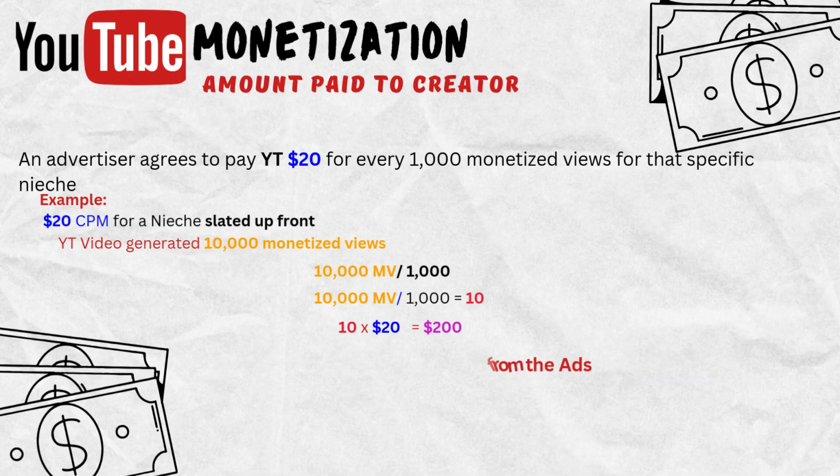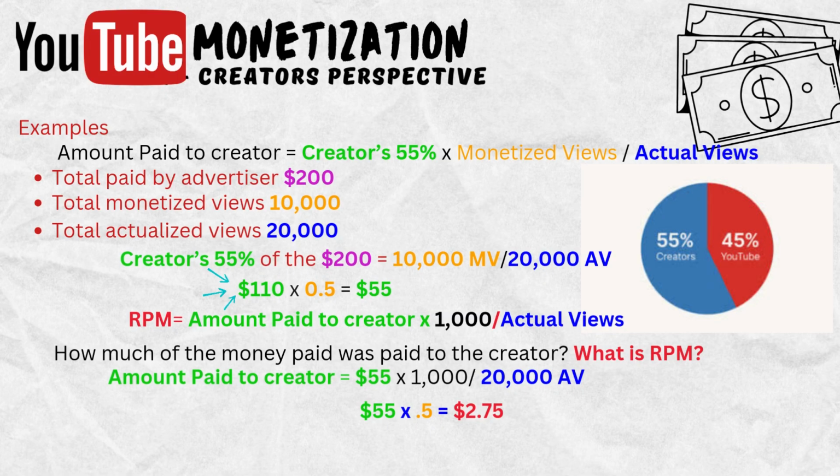So from the creator's perspective, how do they calculate that? Here's an example. The amount paid to the creator equals the creator's 55% times the monetized views over the actual views. So if the total paid by the advertiser was $200, the total monetized views was 10,000, and the total actual views were 20,000 views. The creator's 55% of the $200 equals 110, times 10,000 monetized views over 20,000 actual views, which is 0.5, so you get 110 times 0.5, which equals 55.